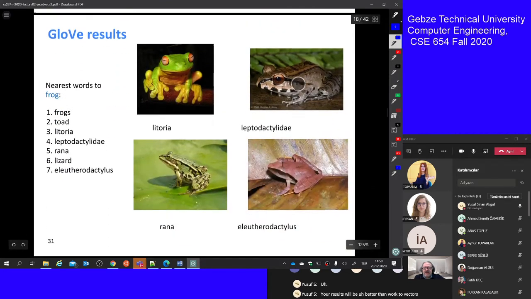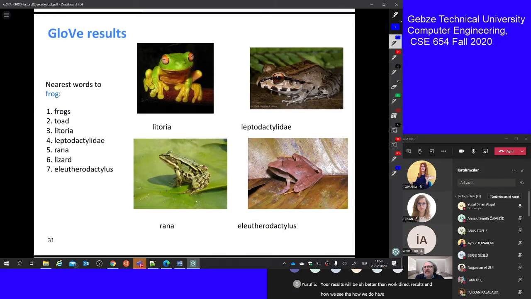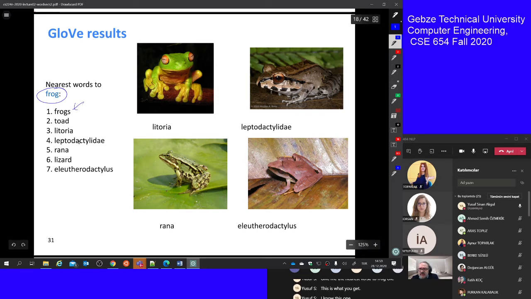And how do we know that? First of all, since it is scalable now, like word2vec, I can train it on very, very large data sets. And when you say, give me the nearest words to frog, this is what you get. Frogs, toad, I know this one.